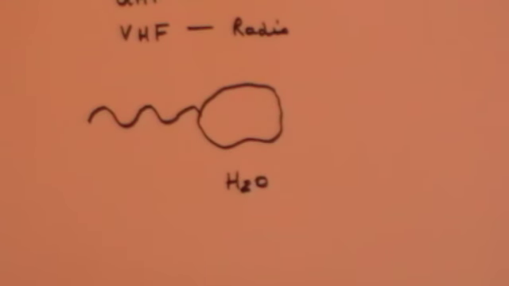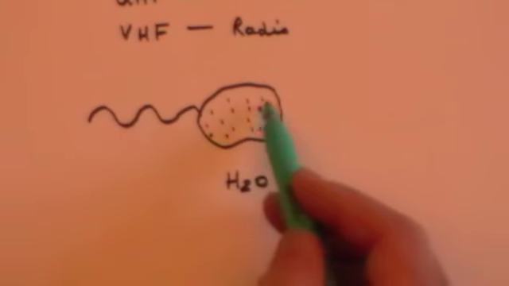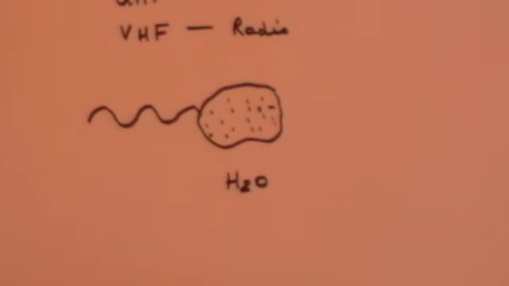Water molecules will absorb microwaves of a particular wavelength, and in doing so, having absorbed the microwave, the energy of that microwave has to be converted to something. It's converted to heat. And consequently, all the water droplets in the potato, or indeed anything else that you may put in your microwave oven, absorb microwave energy and are heated up to boiling point, of course, and they effectively cook the material from the inside.